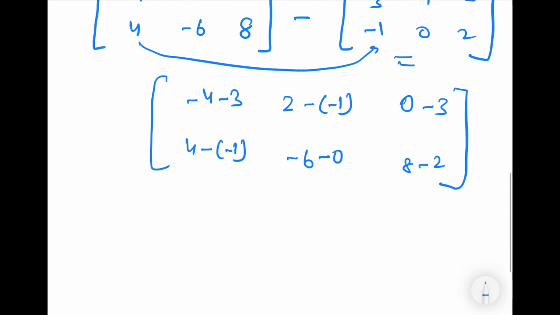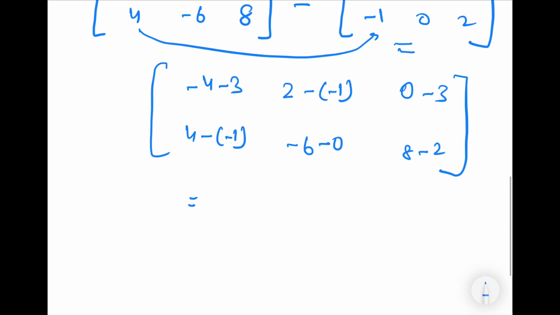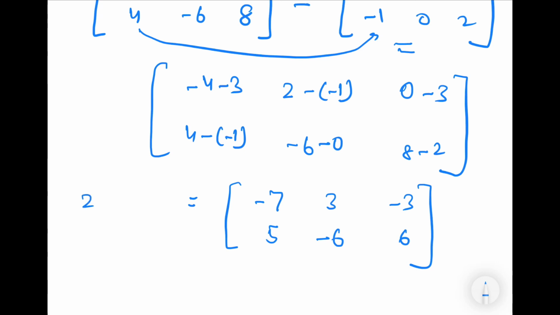Then we will get this matrix as minus 7, 4 plus 1, 5, 2 plus 1, 3, minus 6 minus 0, minus 6, 0 minus 3, minus 3, 8 minus 2, 6. So, this is the matrix 2A minus B.